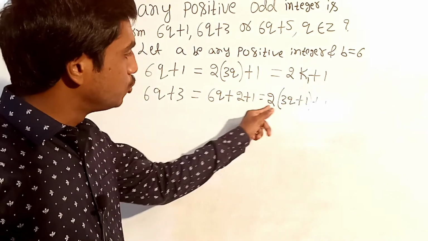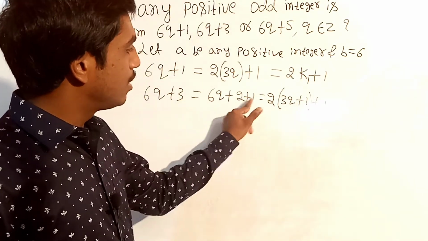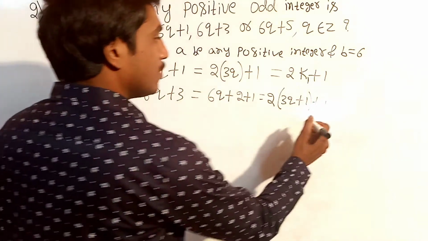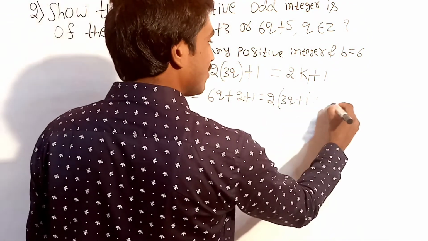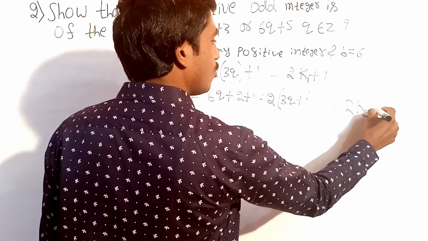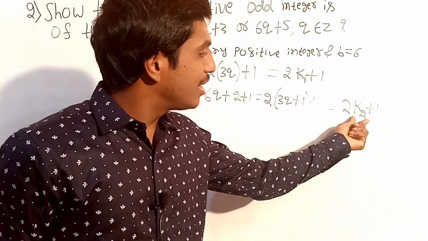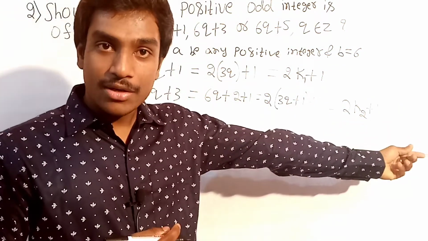If you multiply 2 into 3q, you get 6q, plus 2 into 1 is 2, plus 1. Now this 3q plus 1 we can write as k2, where k2 is any integer, so it is 2k2 plus 1.